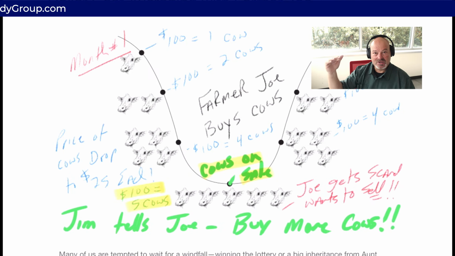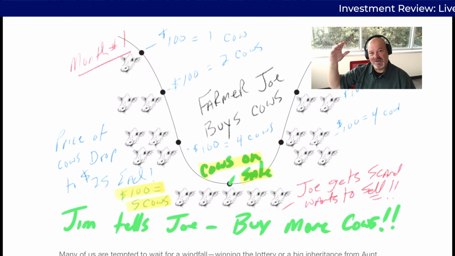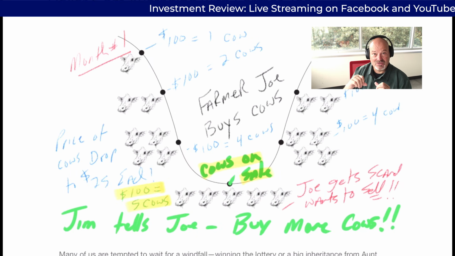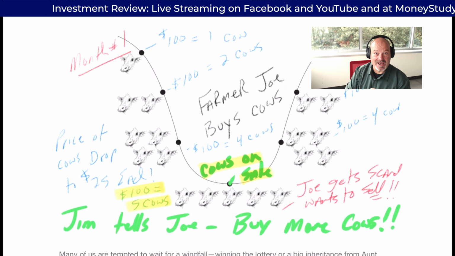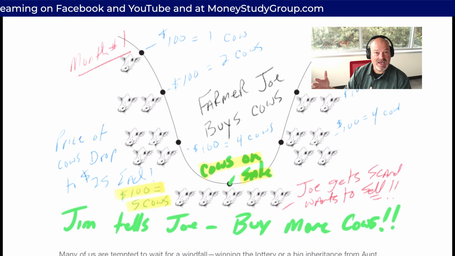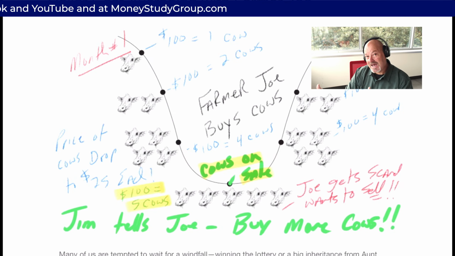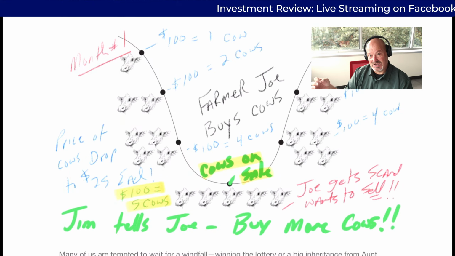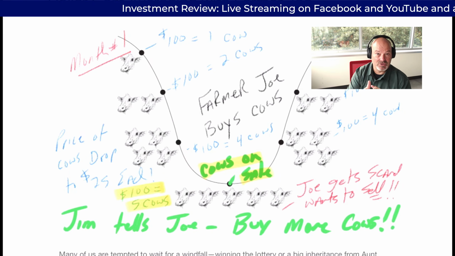But on the other hand, when those asset classes crumble, when they have pullbacks and absolute collapses, which happen over the course of your investing career, you're still investing a set dollar amount into those asset classes. And just like the cows in the story about Farmer Joe, at those times you're able to buy more with the same set dollar amount. And over time, this strategy of dollar cost averaging has a huge impact on building wealth.